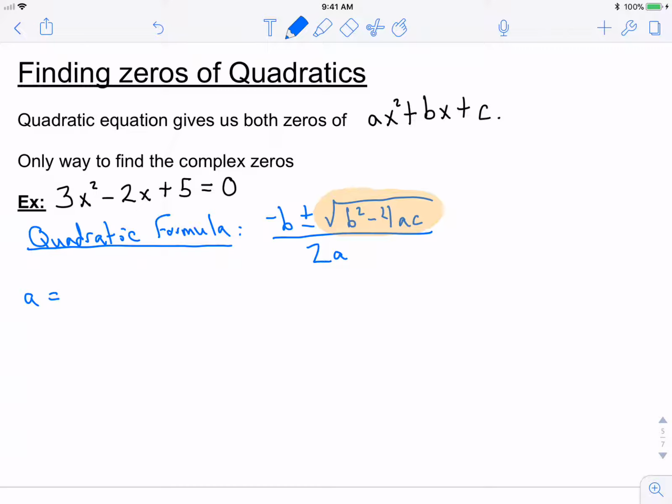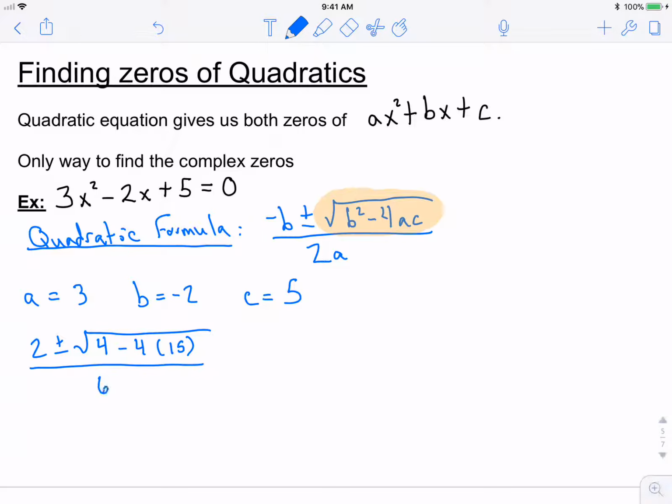So for this example, a is equal to 3, b is equal to negative 2, and c is equal to 5. And now our quadratic formula tells us the zeros are 2 plus or minus the square root of 4 minus 4 times 15, divided by 6.